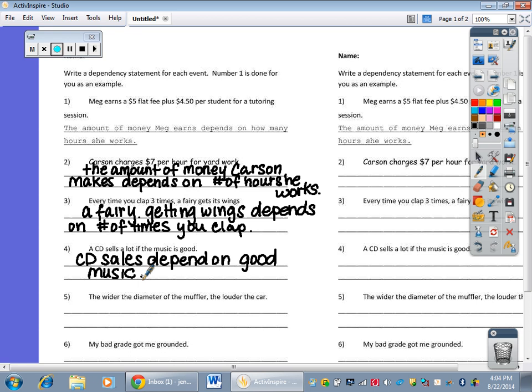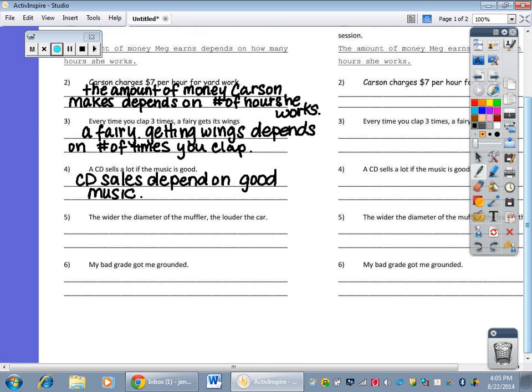Number 5, the wider the diameter of the muffler, the louder the car. So if we put this into an if-then statement to make it easier, we can say if the diameter of the muffler is wide, then the car is loud. So we have to have the wide muffler first before we have the sound.